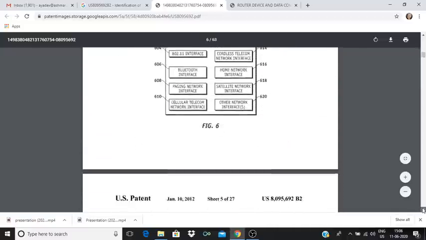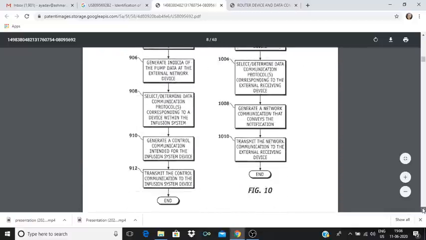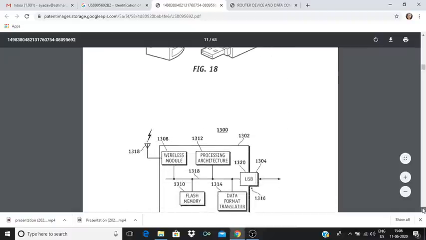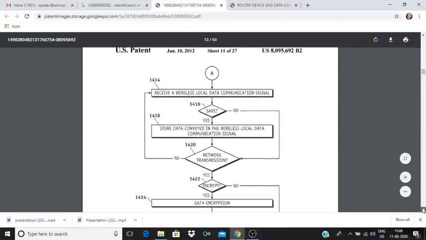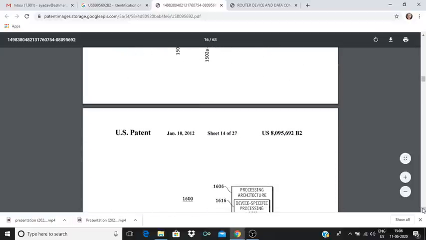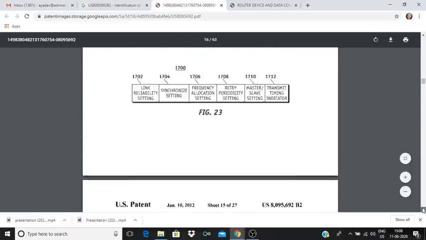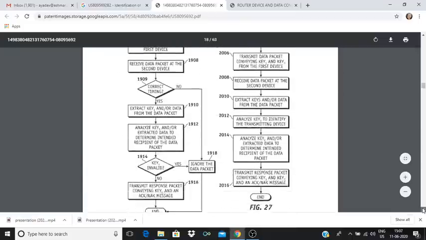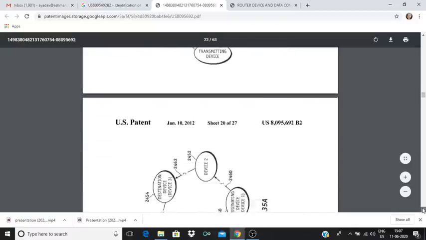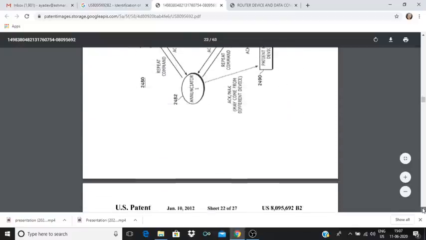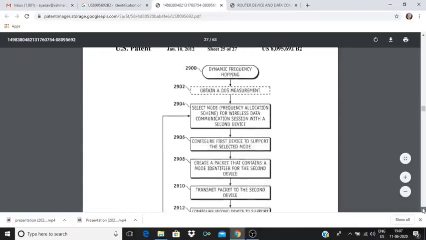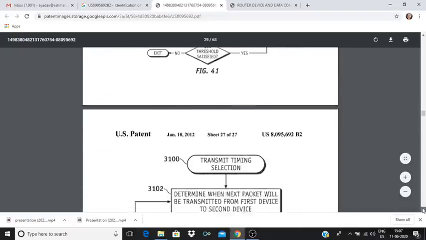We need to best describe the invention in the form of diagrams and flowcharts, because one of the main requirements for a specification is that it should be defined in that much detail, and the best method of doing that particular innovation should also be explained, so that any layman can even replicate the invention by going through the specification. This particular specification has a lot of diagrams and a lot of flowcharts to explain the process.